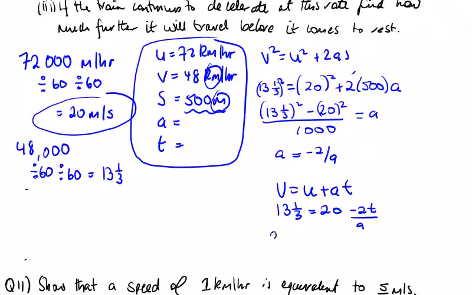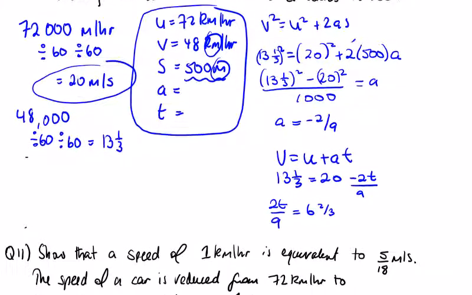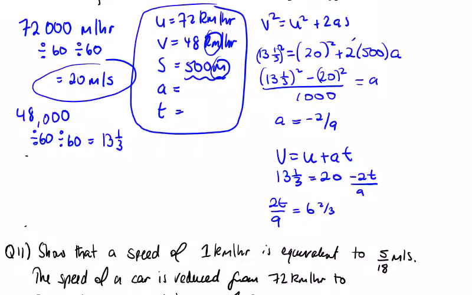So we're going to bring 2t over 9 to the left, and we're going to have 20 minus 13, 6 and 2/3 left. So if I multiply 6 and 2/3 by 9, I'm going to get 9 sixes are 54, and 18/3, which is 6. I'm going to get 60 divided by 2. So t is going to give me 30 seconds in this question.